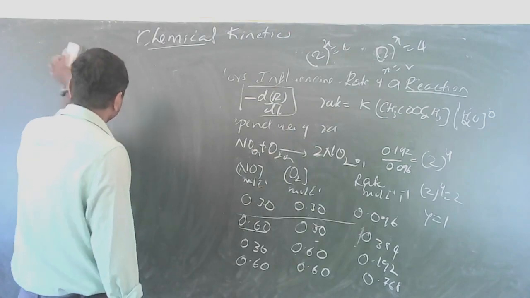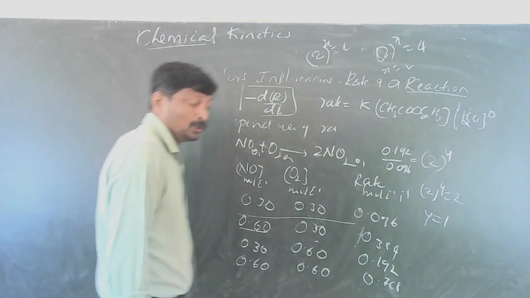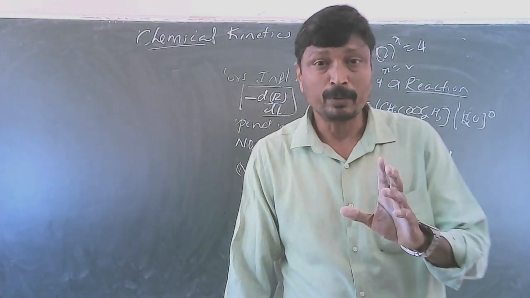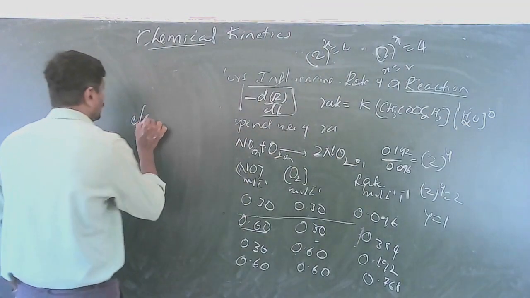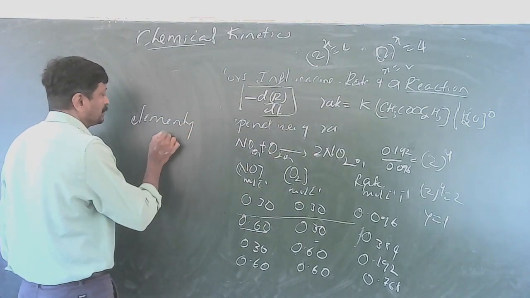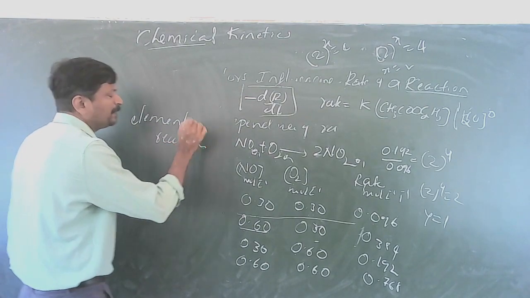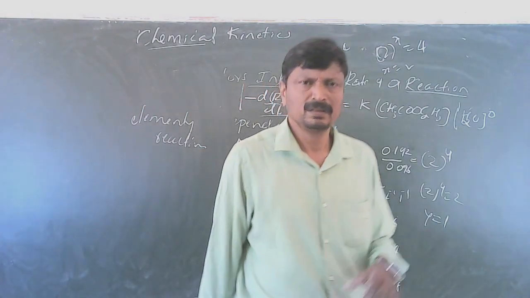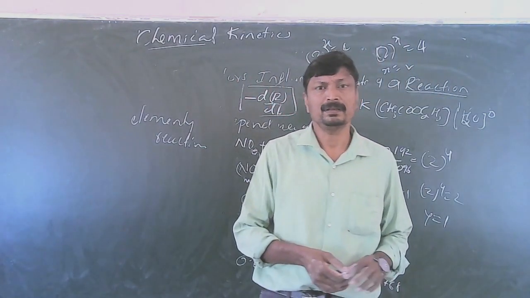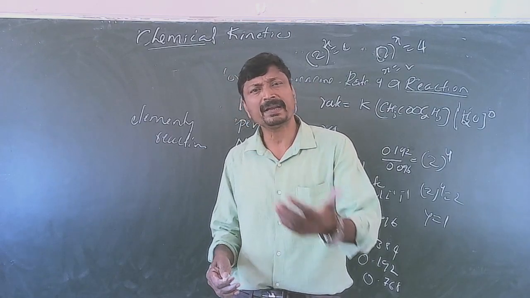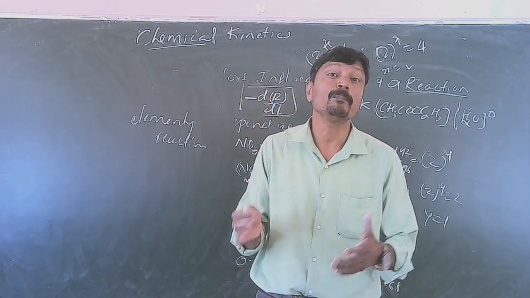Suppose a reaction takes place in only one step. It is called an elementary reaction. What is an elementary reaction? A single-step reaction. If more than one elementary reaction is written, that is called a complex reaction.